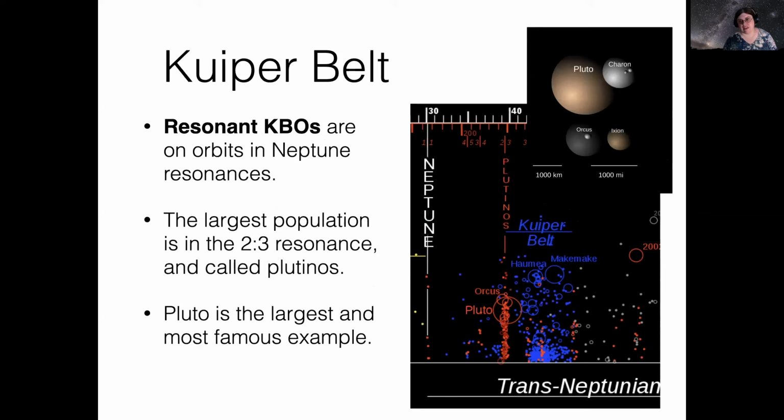Orcus is also in the 2 to 3 Neptune resonance. And one informal name for these is Plutinos. In fact, someone suggested that the ones in the 2 to 1 resonance, which you can also see in green, at the other side of the Kuiper belt, should be called Tutinos.